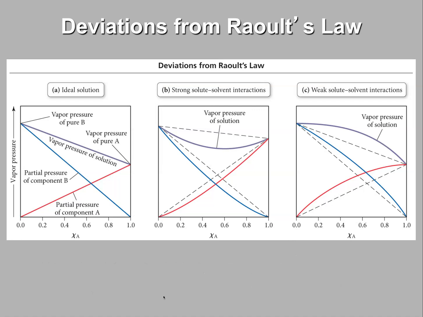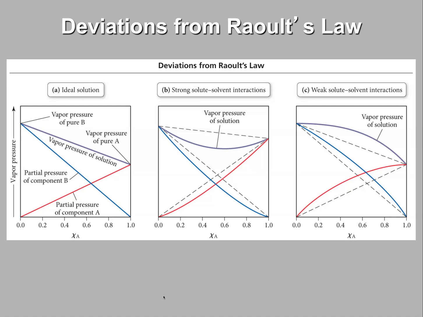Love me some pictures. So on the far left is your ideal solution, figure A, sorry. Notice these lines are nice and linear and straight. So red and blue, individual components, and the purple represents the ideal vapor pressure when you have a solution based on what's the mole fraction of A, is what they're showing.